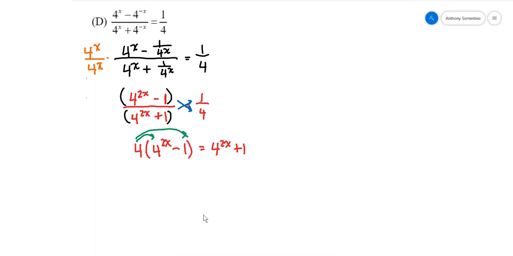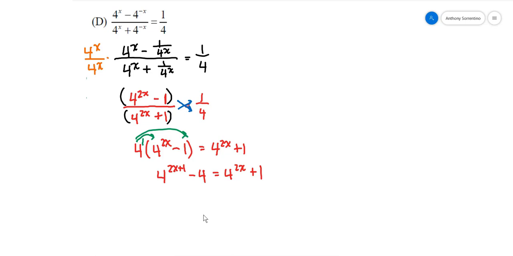So for me to distribute that, for the 4, I have basically 4 to the 1 here. 4 to the 1 times 4 to the 2x, I would add the exponents. And so I'm going to have 4 to the 2x plus 1, minus 4, equals 4 to the 2x plus 1.